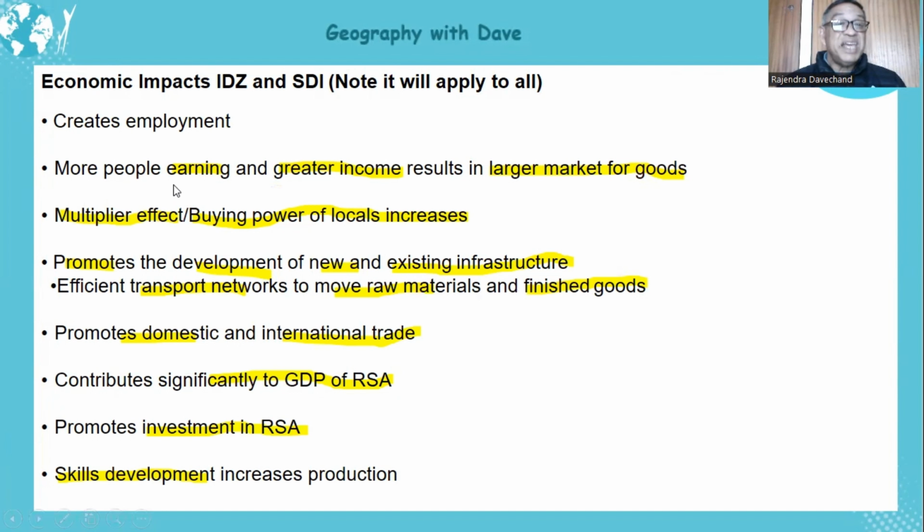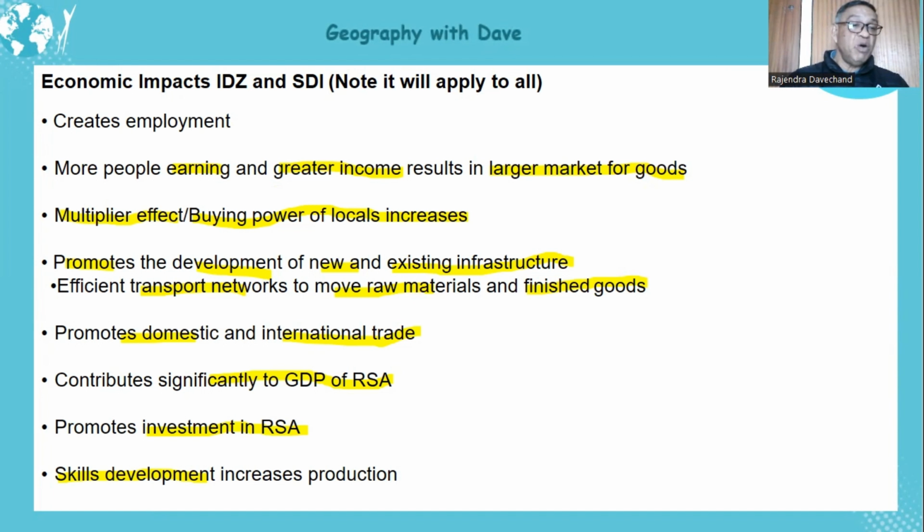As indicated there, the multiplier effect, there'll be other industries that are linked to these ones. So this list is actually the same, the factors will be there. You talk about contribution to the GDP, there'll be more services, it promotes investment in the RSA. Yes, that's what you want.